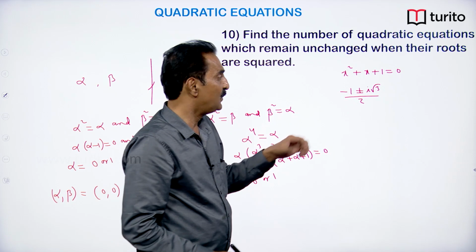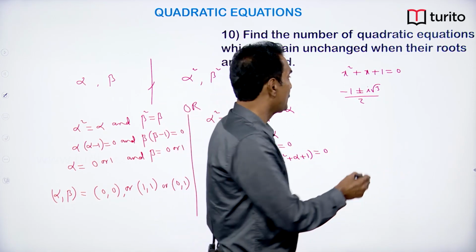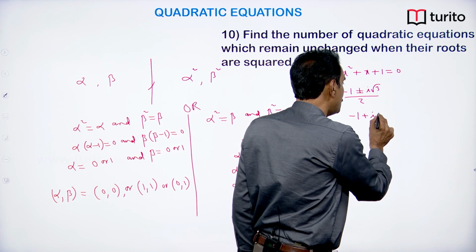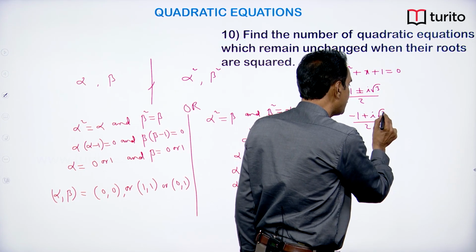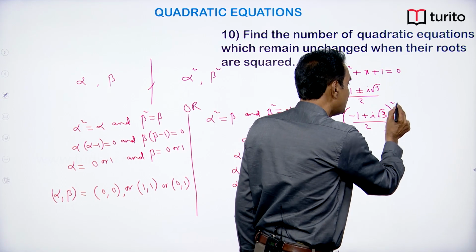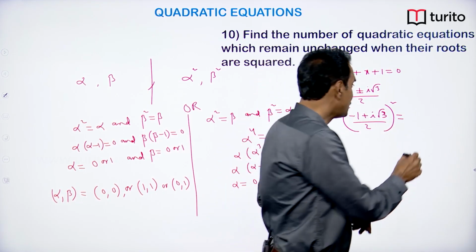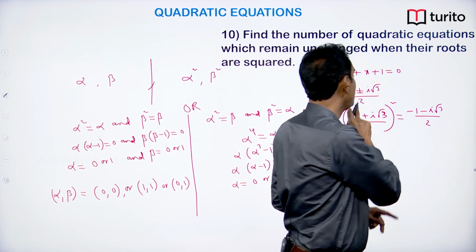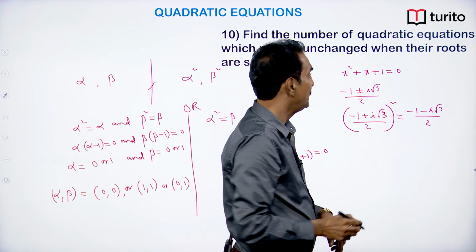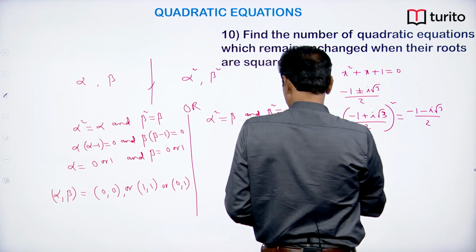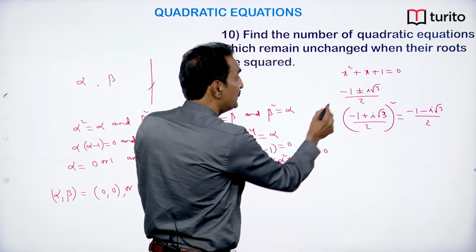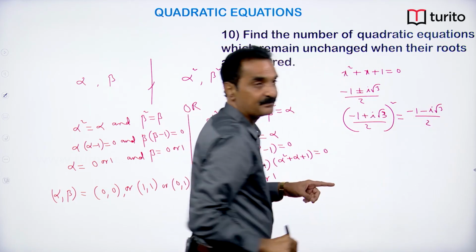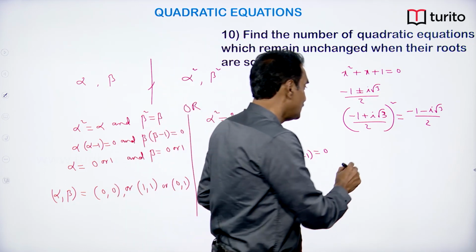And among them, both are non-real complex numbers, and you can observe that minus 1 plus i root 3 by 2 whole square will be minus 1 minus i root 3 by 2. So, one root is square of the other, and also if this is omega square, because one is square of the other.